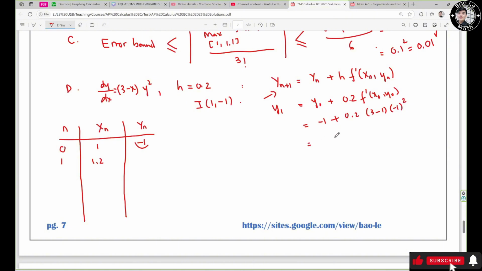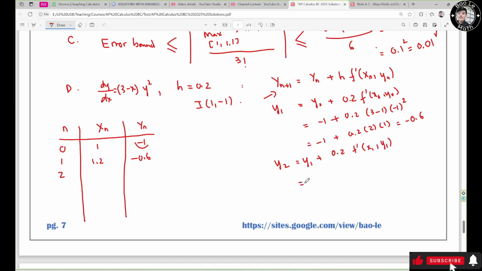Now I'm going to simplify this one. It's going to be negative 1 plus 0.2 times 2 times 1, right? So it could be negative 0.6 right here, right? Now n equals 2, so we have y2 equals y1 plus the step size 0.2 times f prime of (s1, y1), right?